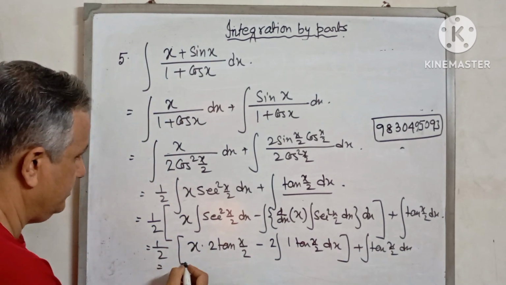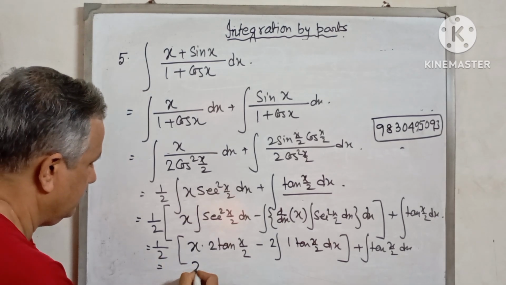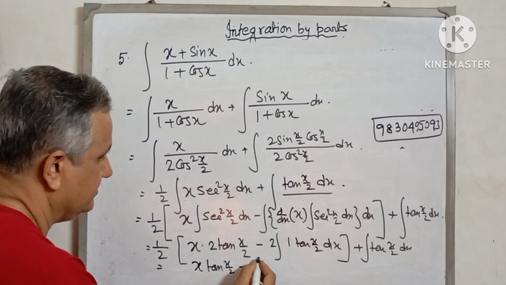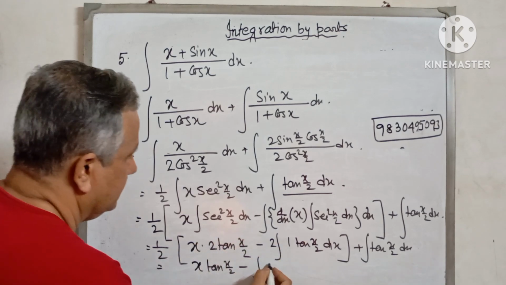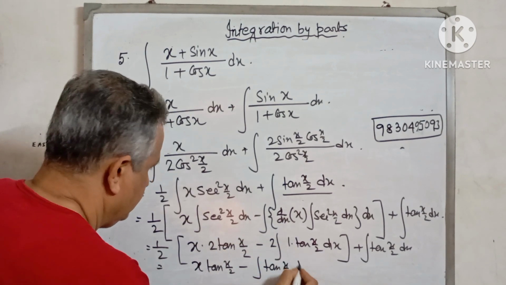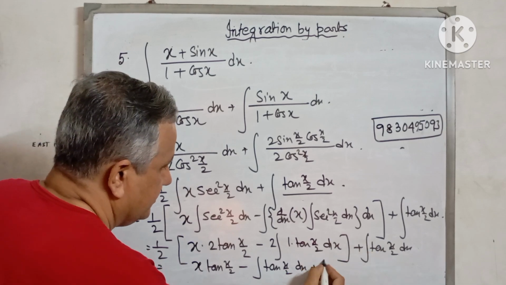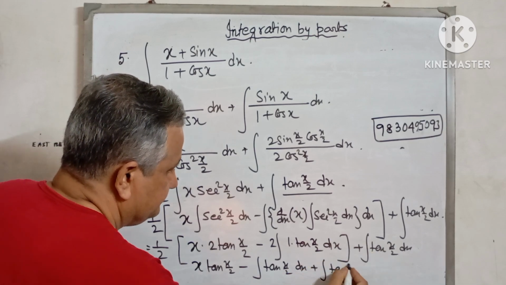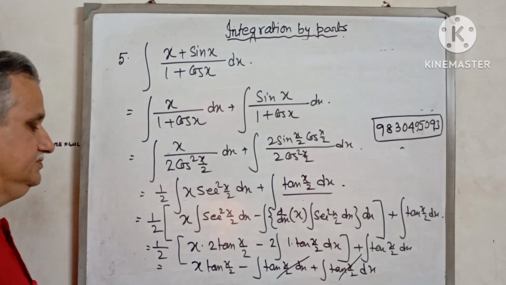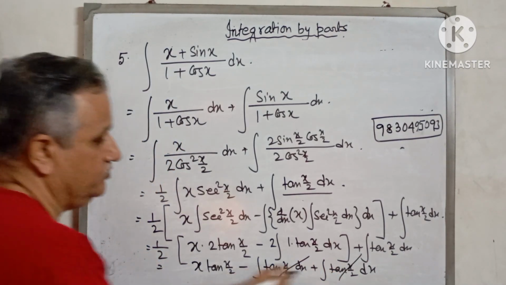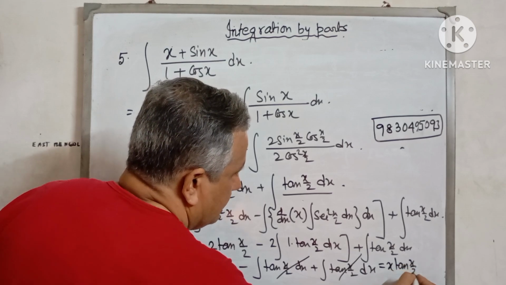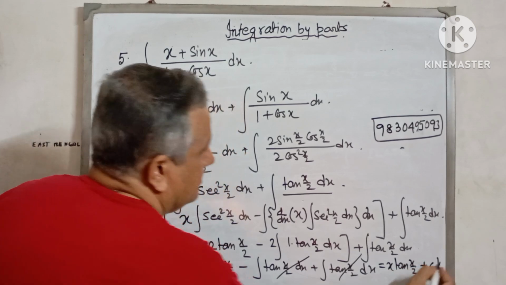Now just multiply, 2 cancels, x tan x by 2 minus integration tan x by 2 dx plus this tan x by 2 dx. Now this is cancelled. Only x tan x by 2 is the answer. So x tan x by 2 plus c is our answer.